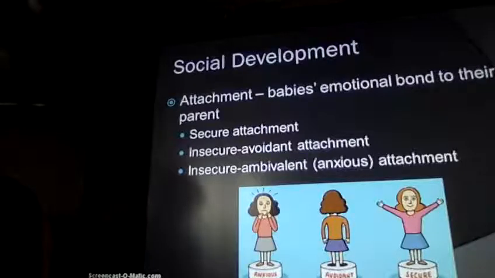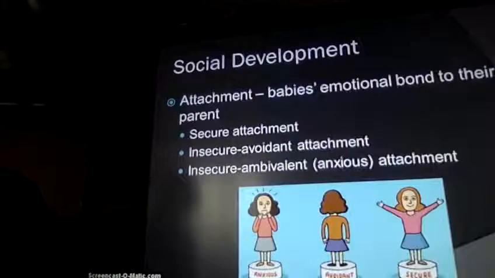So attachment is the baby's emotional bond to their parent. Secure attachment is when there's distress displayed by infants when they're separated from their parents or principal caregivers. However, when the parents come back, the child calms down and everything is fine.